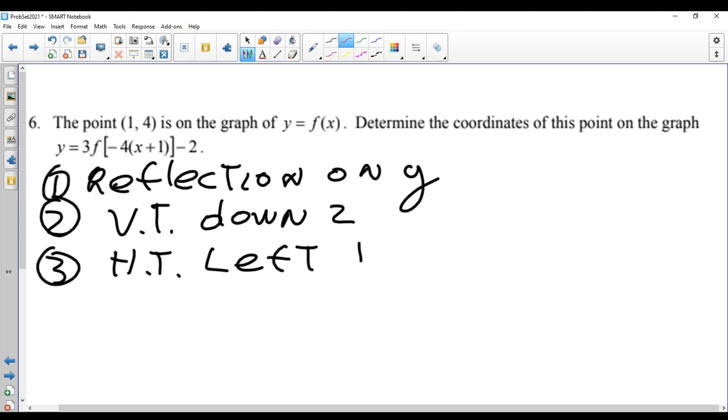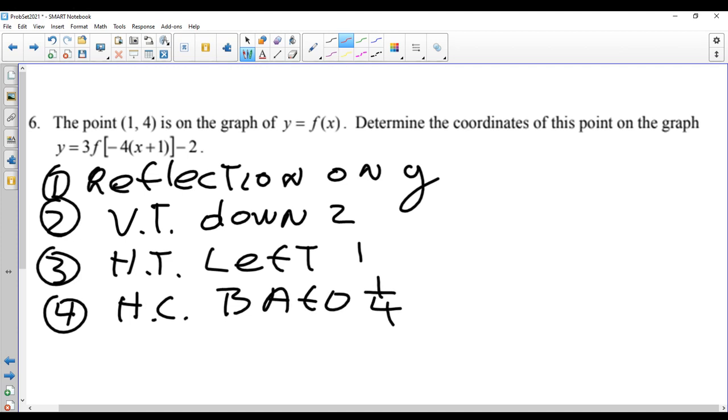Good stuff. Got that from that 4 that was on the outside there. Anything else, Ashton? VS by a factor of 3. Is there anything else? No, that's it.